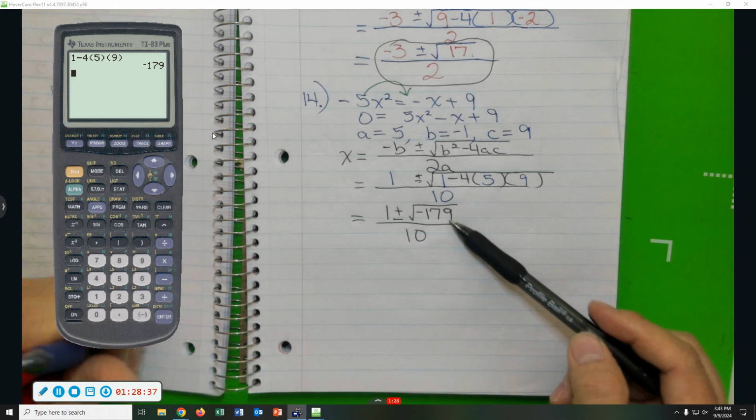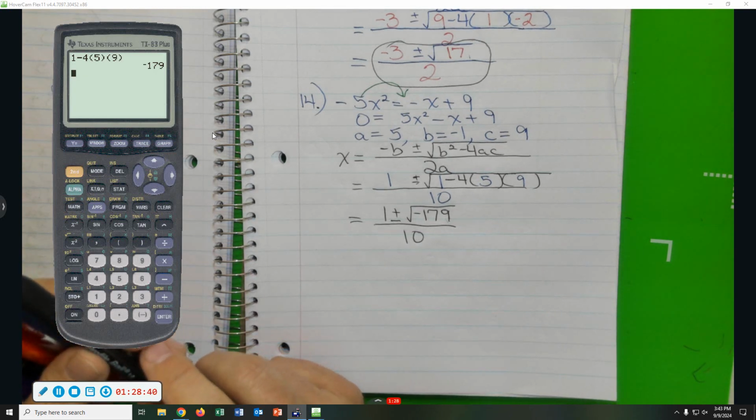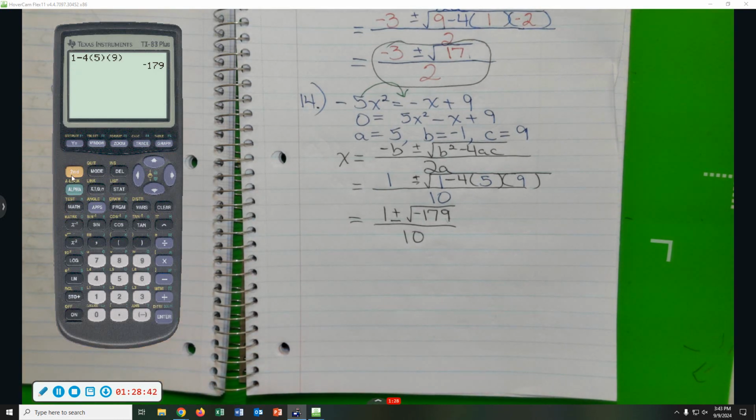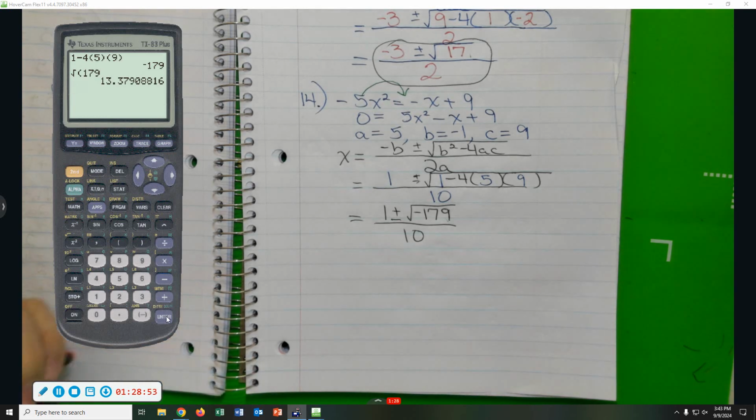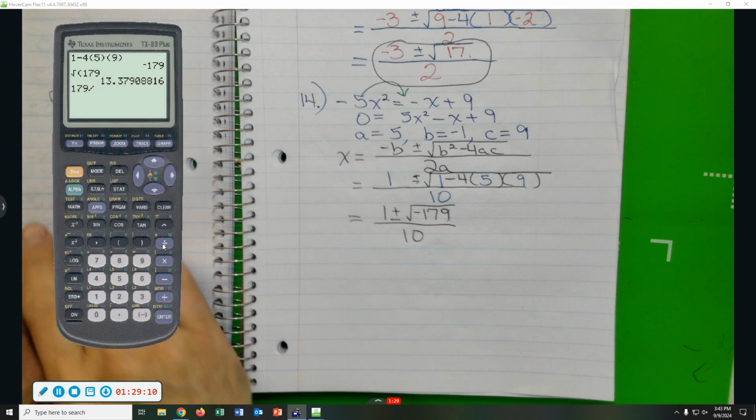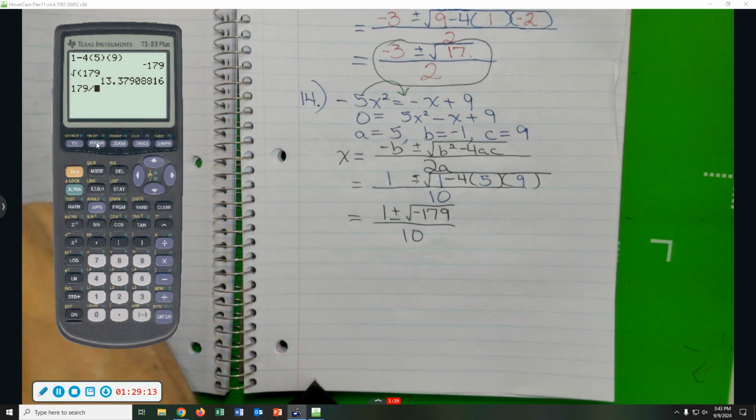Is 179 a perfect square? Look at your list. No. Oh, wait, you want me to punch it in? Punch it in. The square root of 179. This calculator doesn't do like the one we looked at on day 1, where it'll reduce it without giving decimals. This one only gives decimals. Let's see. 179. I don't believe that's reducible. I don't believe there's a perfect square that divides evenly into 179. We can look at the list and start dividing.